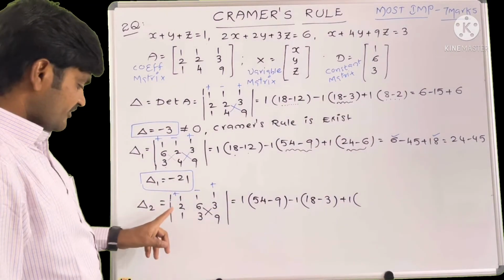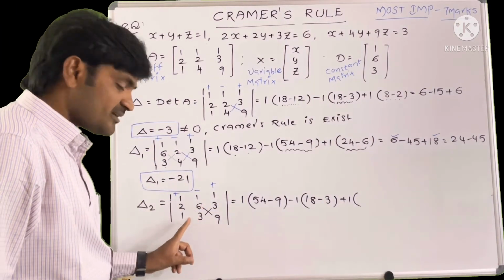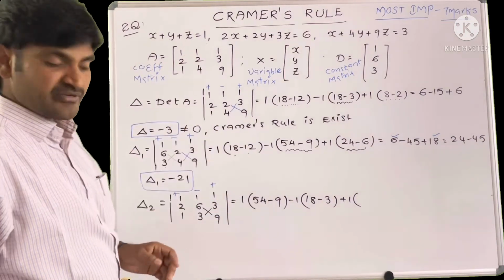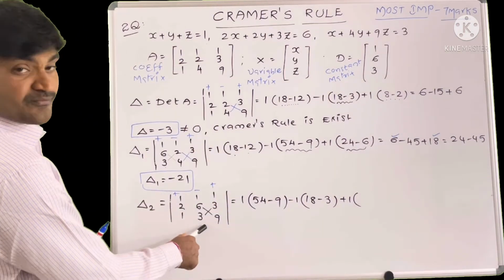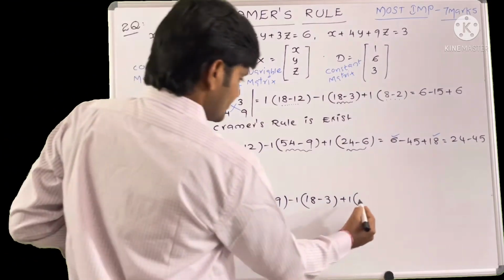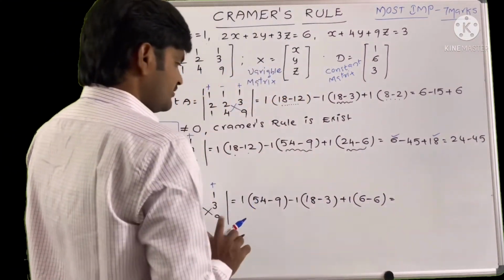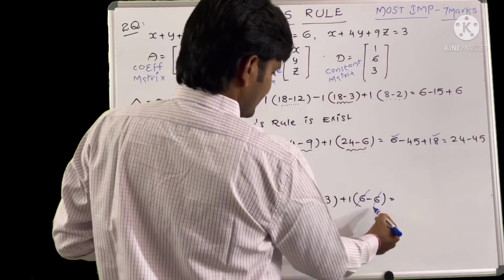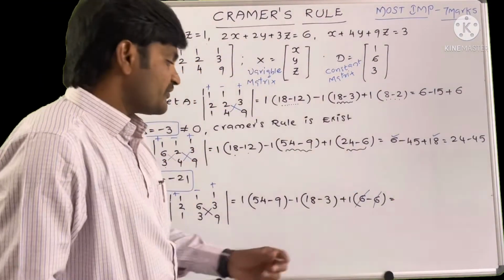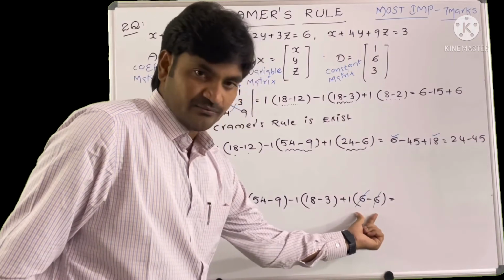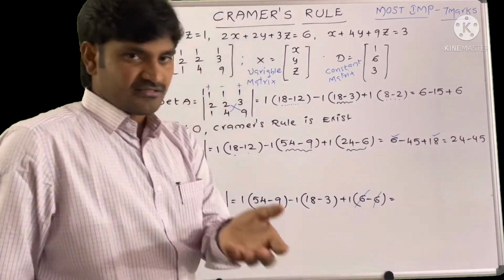So the remaining 4 elements are 2, 6, 1, 3. Again using cross multiplication like 2 3s are 6 and this is minus 6. 6 minus 6. So now this one cancels. So we need not write this value because this 0 into 1 is 0.